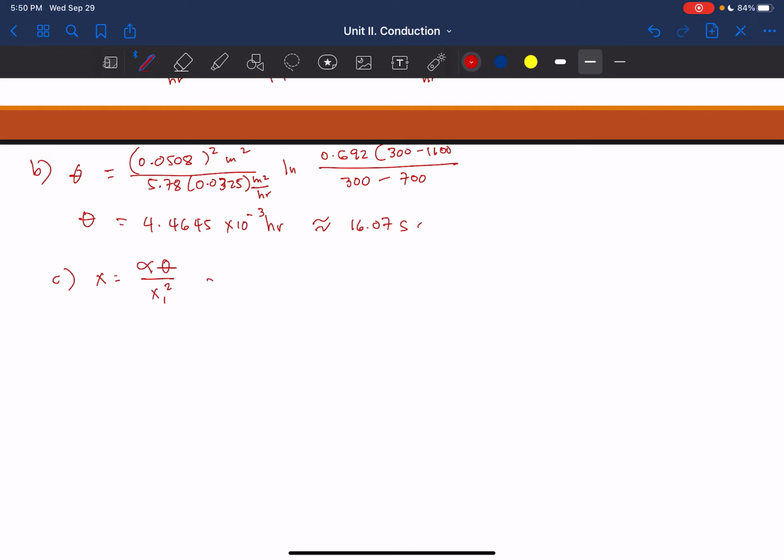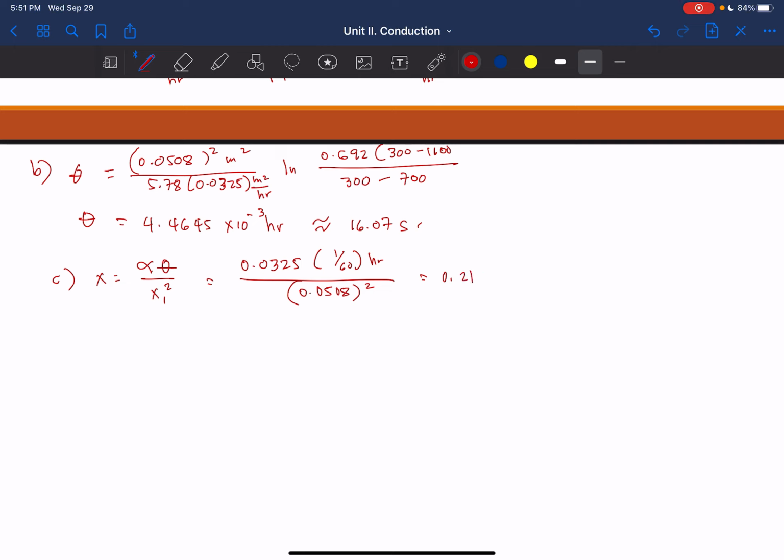You get that as 0.0325, that's your alpha, times, given is 1 minute, or 1 over 60, so this is in hours, times your x1, 0.0508 squared.